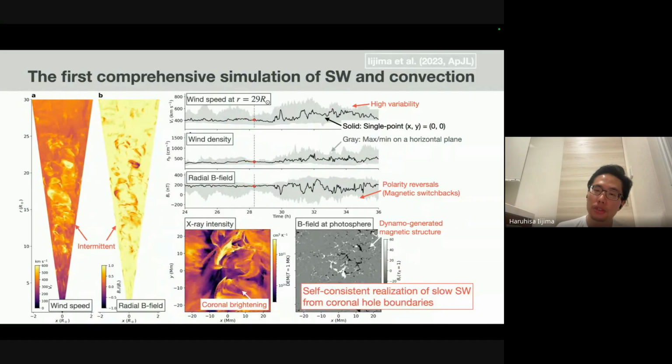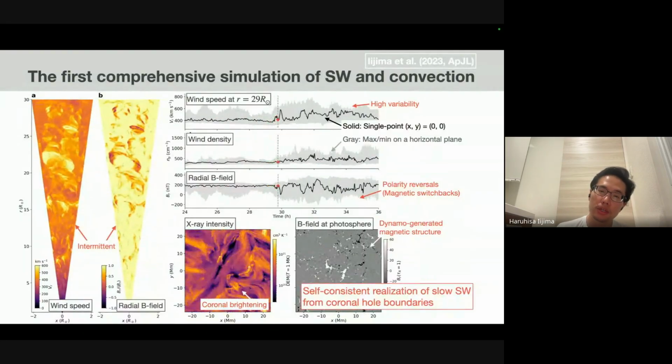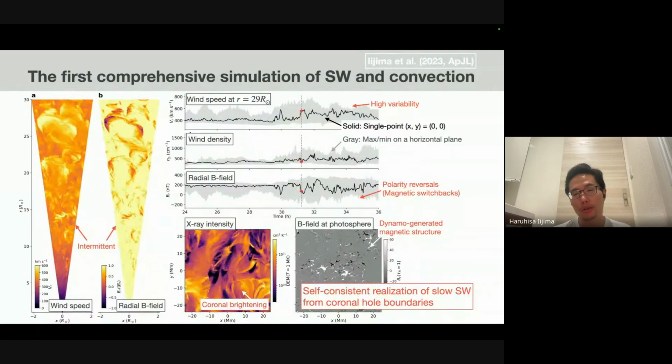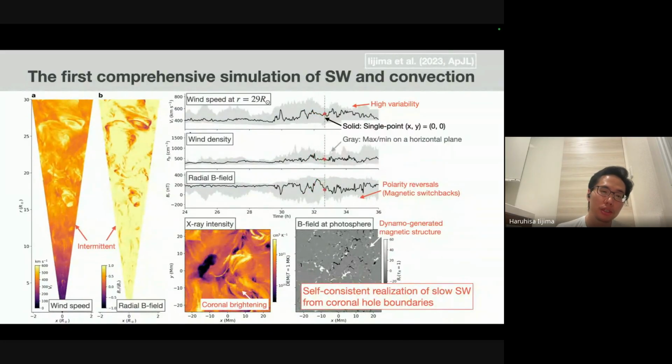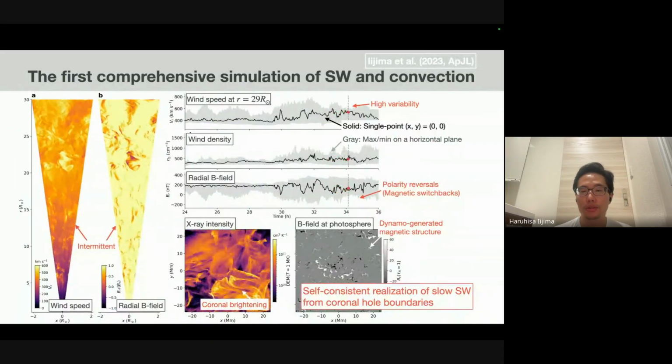And we checked the magnetic field strength in the photosphere and the differential emission measure in the solar corona, the rate of the switchbacks, and the speed of the solar wind and the mass loss.